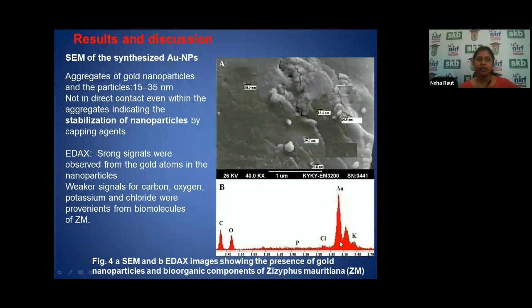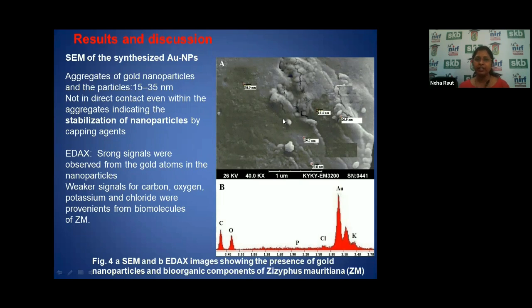The next one is SEM, that is scanning electron microscopy, where we can determine the surface of the nanoparticle as well as its size. Here there are aggregates of gold nanoparticles in the range of 15 to 35 nanometer. This one is 16.4, this one is 39.7, this is 30.9 nanometer.